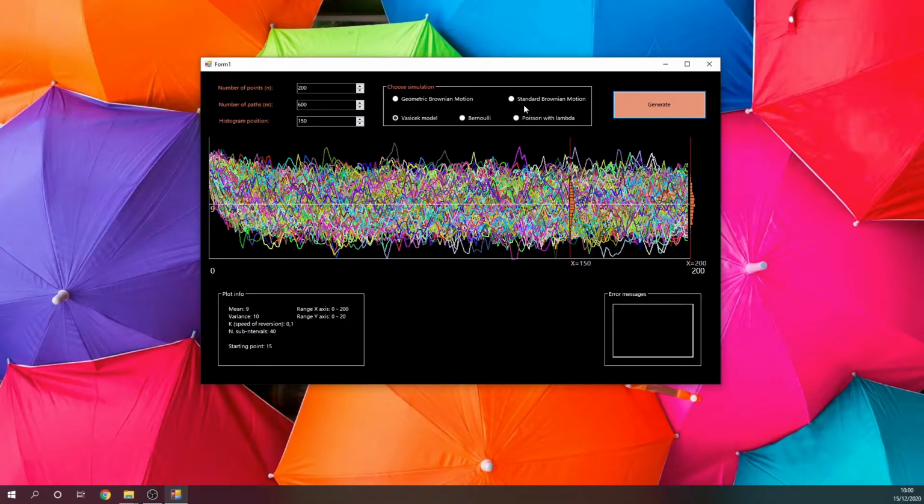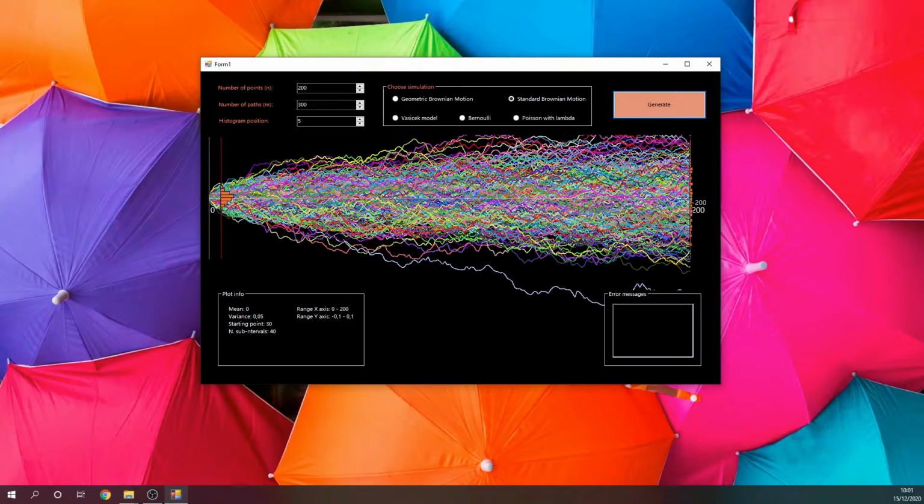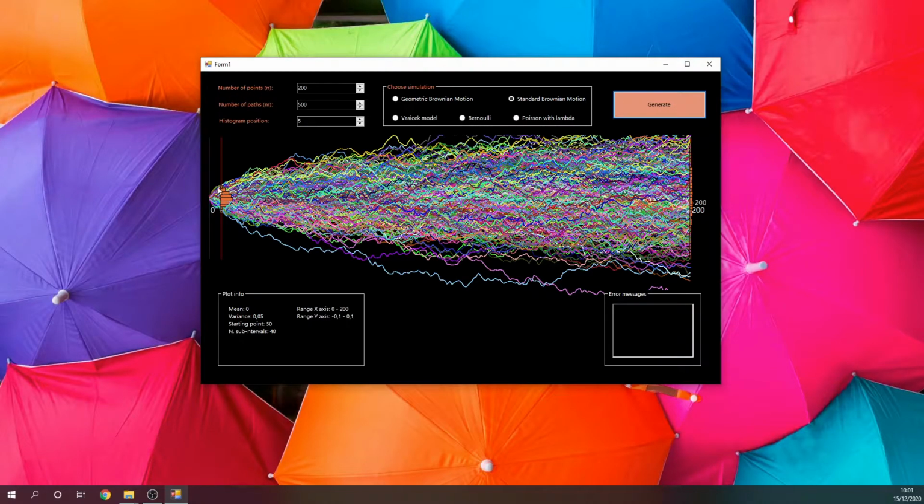Okay, we can move to the standard Brownian motion. Let's take less number of paths just to quickly refresh the plot when we change histograms. Okay, I think it's better with 100. In the Brownian motion, all values are yet concentrated around the mean, so the distribution looks like a normal.